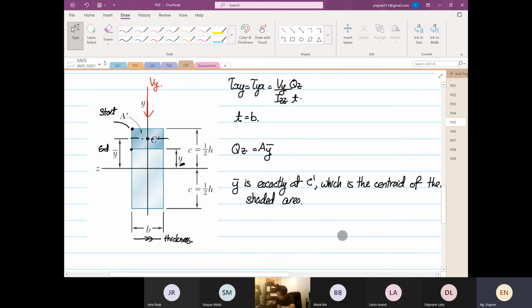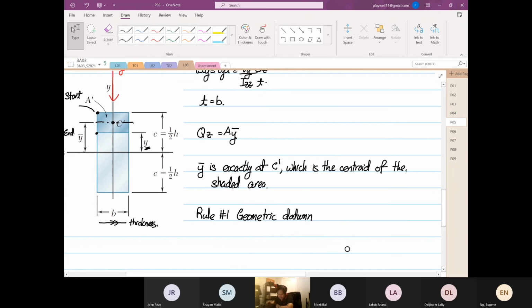The geometry datum, as you can see down here, everything starts from Z, or everything is measured relative to Z. So rule number one: the geometric datum is at the centroid. That is the geometric datum.